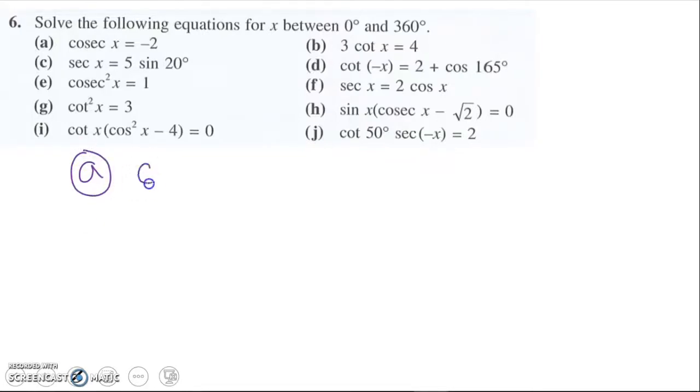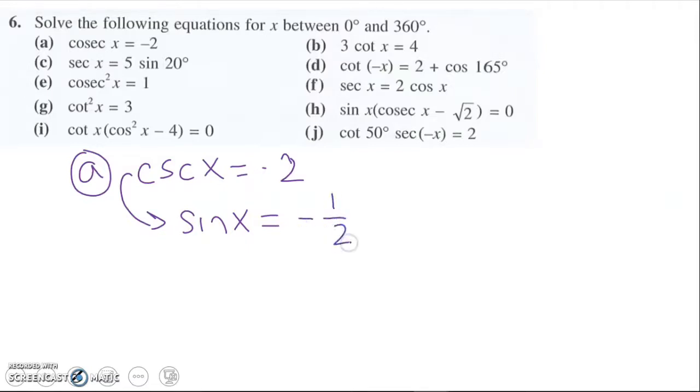First one is cosecant x is equal to -2. Again, you want to find the degree associated with cosecant having a ratio of -2/1. Now, these inverse functions, what I would encourage you to do is put this in a form that is much more comfortable for you. So, if I'm putting this in sine, that will end up looking like -1/2.